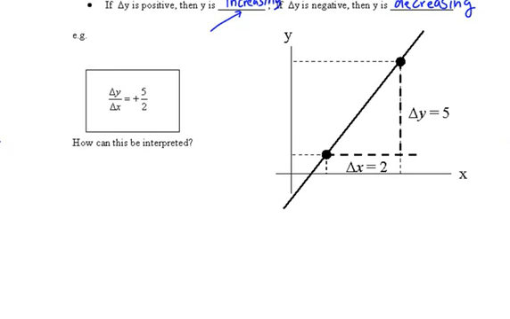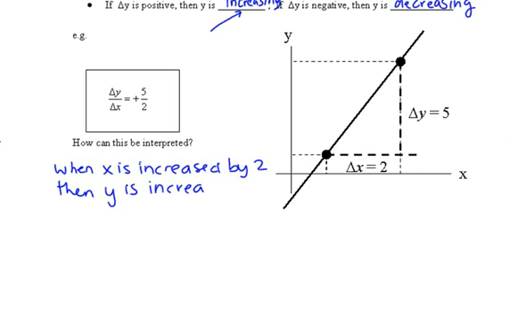When x is increased by 2, then y is increased by 5. So this I'll review right now, right? Some new terminology.